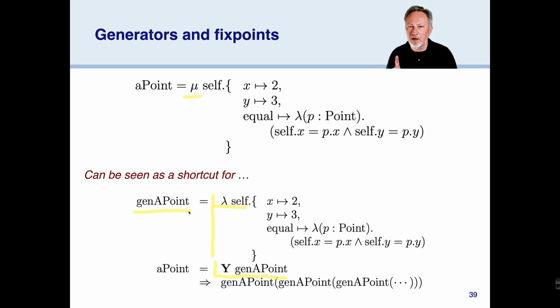In particular, a class serves two purposes. A class is used on the one hand as a stand-in for a type, but it's also used as a generator, which will allow us to create instances, but also to define subclasses. So a class is definitely more than just a type.